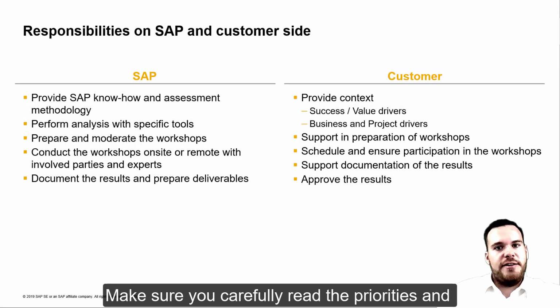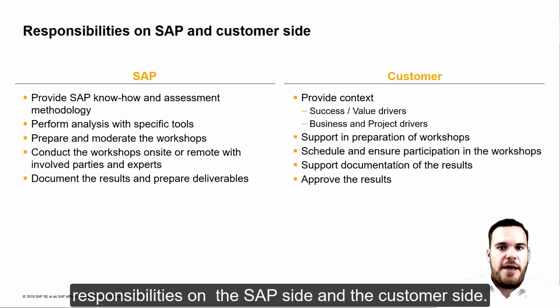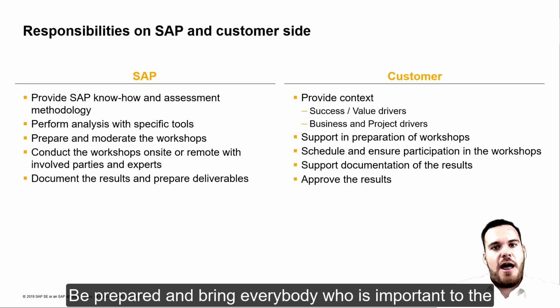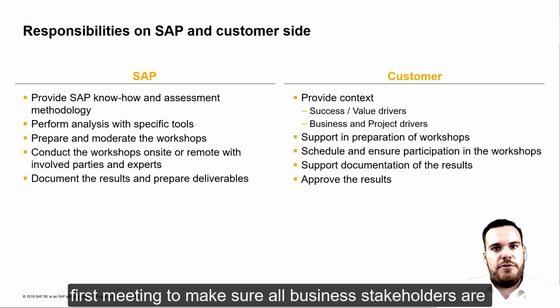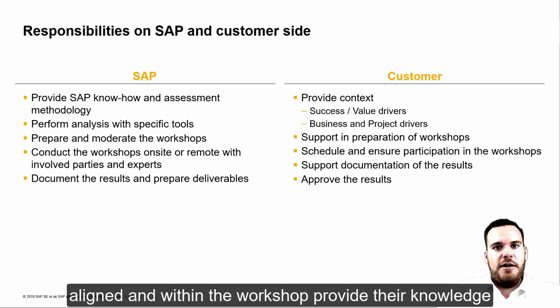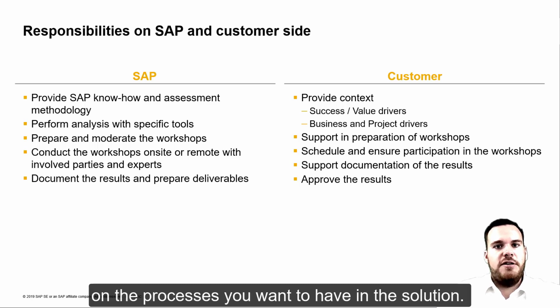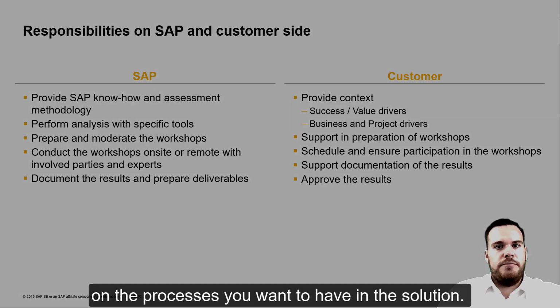Make sure you read carefully both priorities and responsibilities on SAP side and on customer side. Be prepared and bring everybody who is important to the first meeting to make sure all business stakeholders are aligned, and within the workshop provide their knowledge on the processes you want to have in the solution.